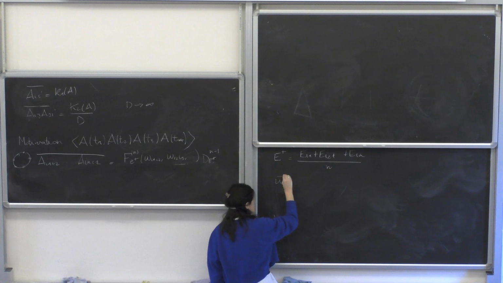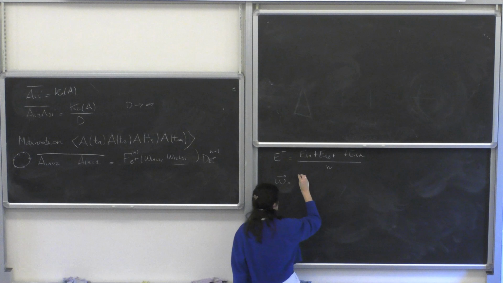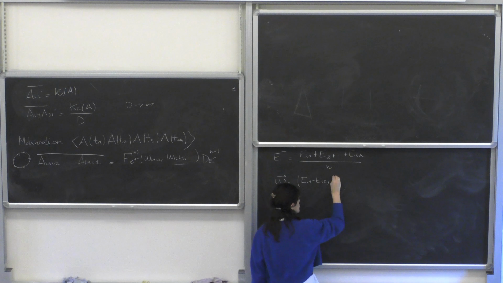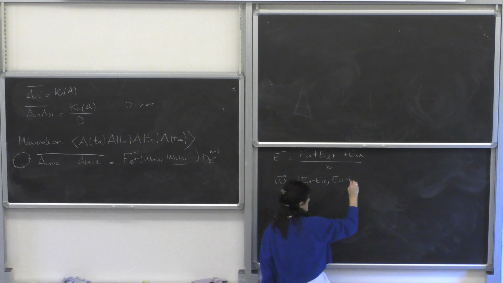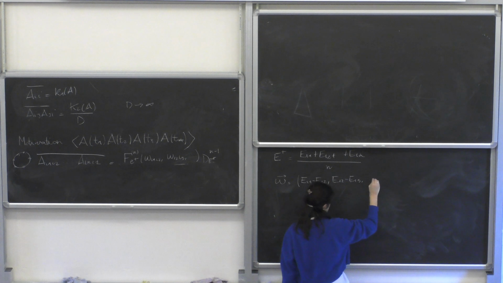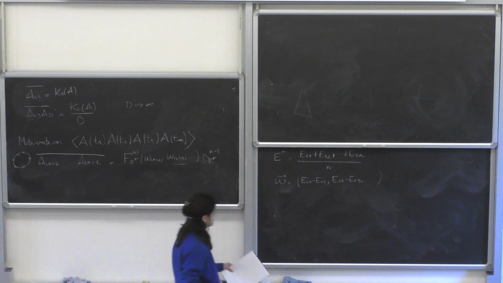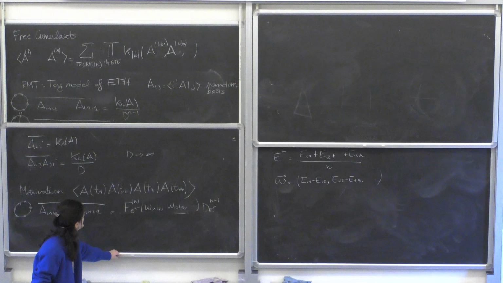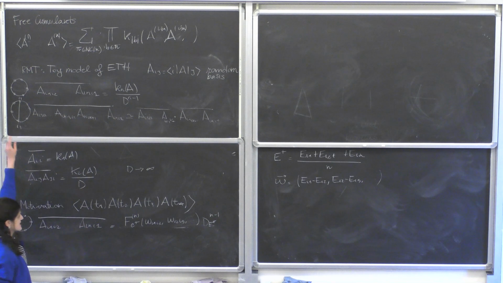And I'm going to use, with shorthand notation, some vector omega, which contains all the energy differences, E_I1 minus E_I2, and so on. So you see, this is exactly what we already did last time.